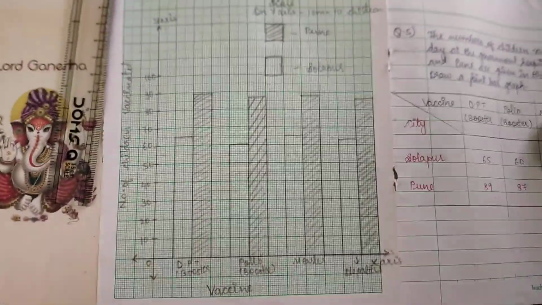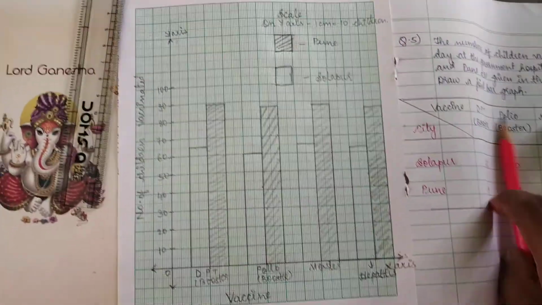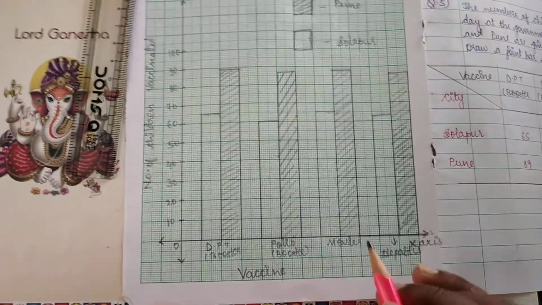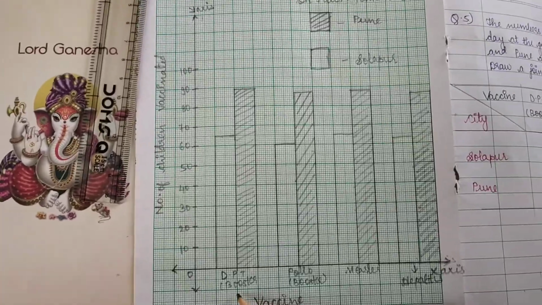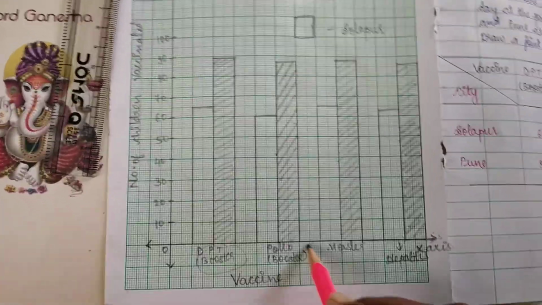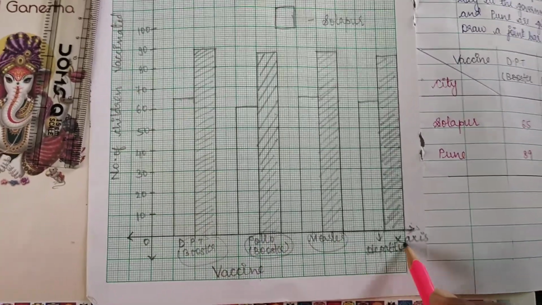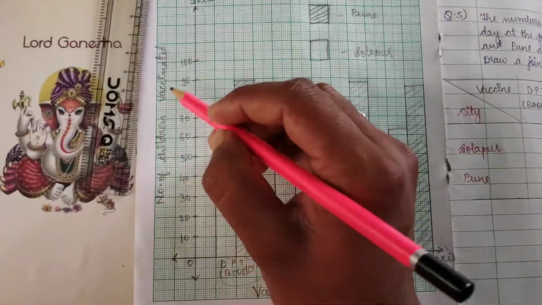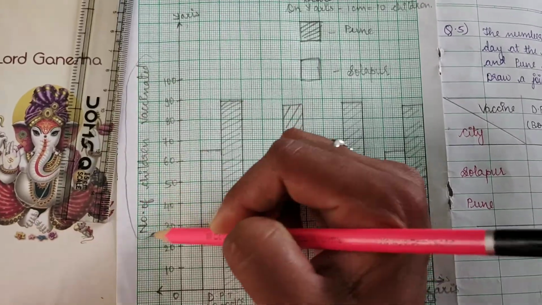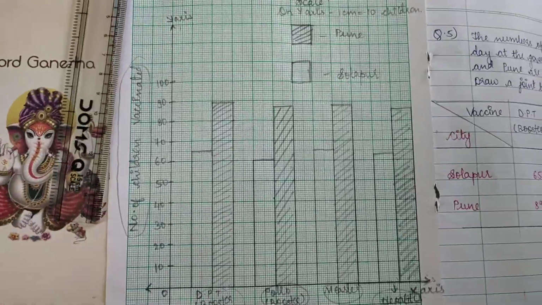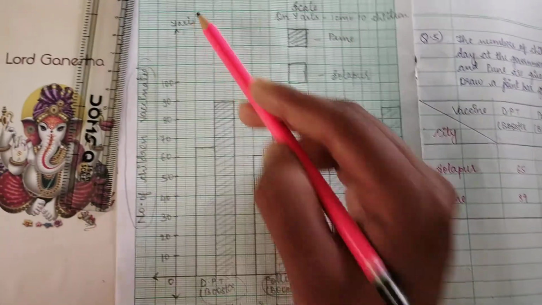Now we need to remember certain key points whenever we are making a graph. What we need to write properly is the unit. Then what you have taken on the x-axis and what on the y-axis.